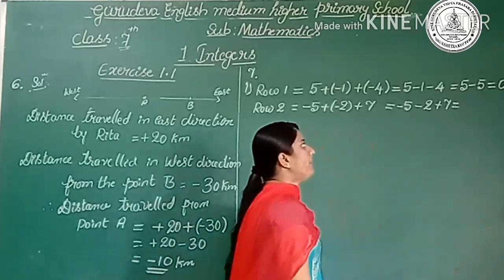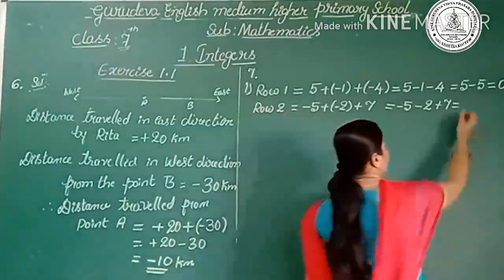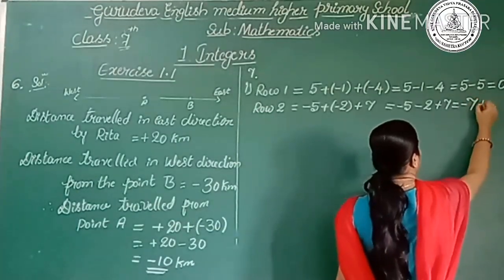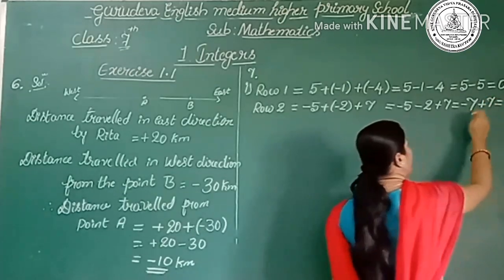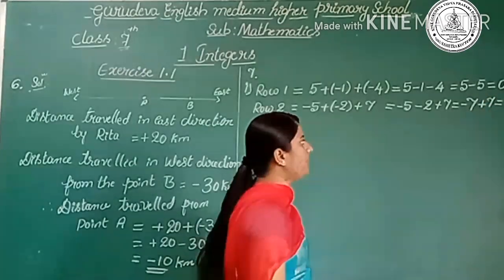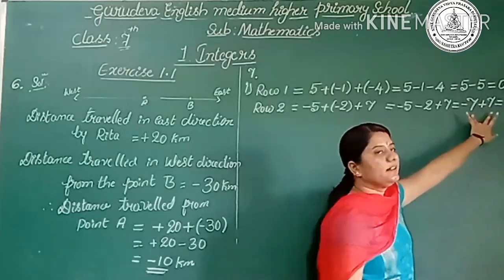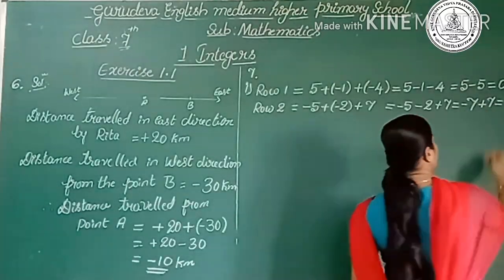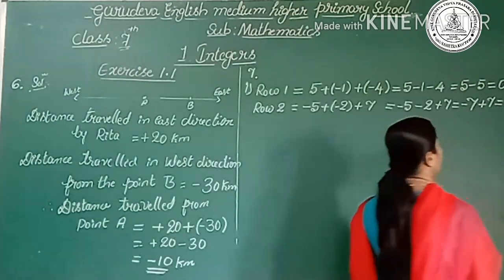Minus 5 minus 2 is minus 7, then plus 7. The sum of additive inverses of the given numbers is equal to 0.